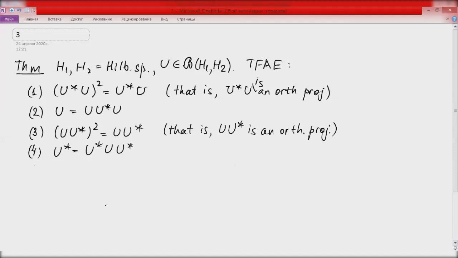And finally, condition 5, which is more geometric than the previous 4 conditions: the restriction of U to the orthogonal complement of its kernel is an isometry from the orthogonal complement of the kernel to H2.